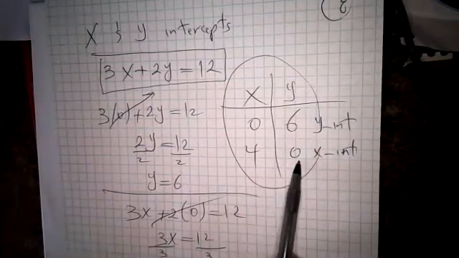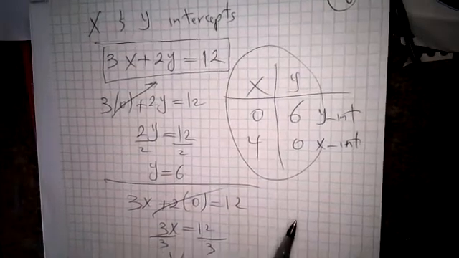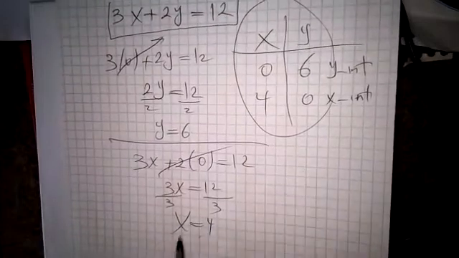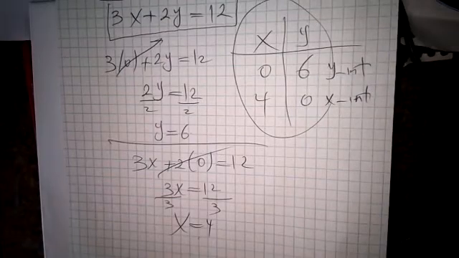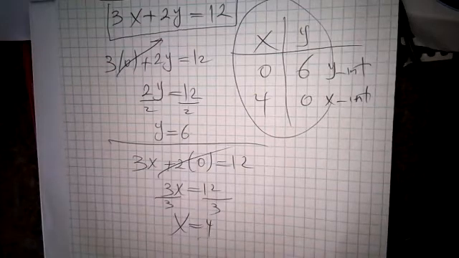Second, you put 0 for y this time, to find your x. That is your x-intercept. You could also pause it and look through the problems and then continue.